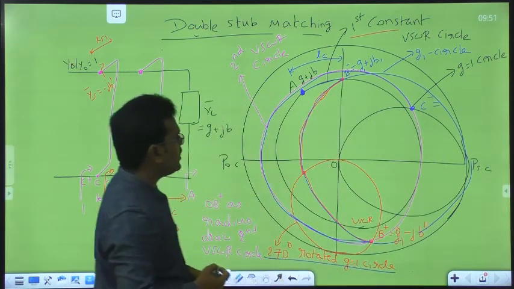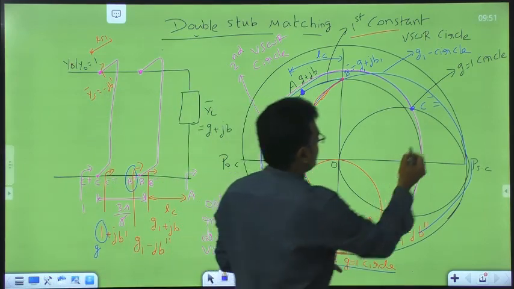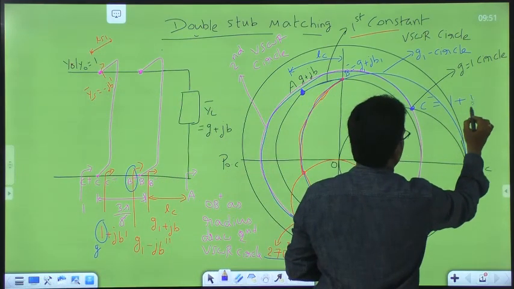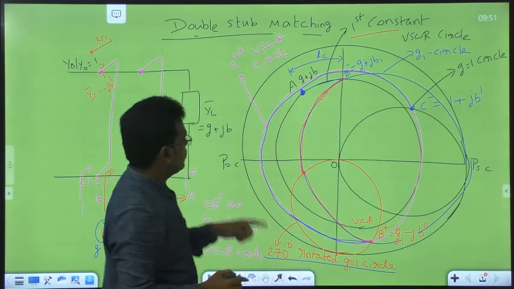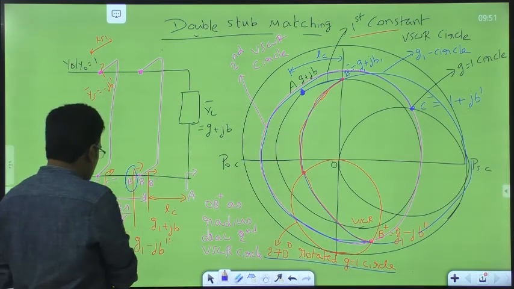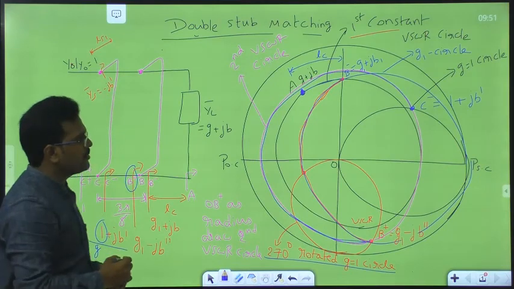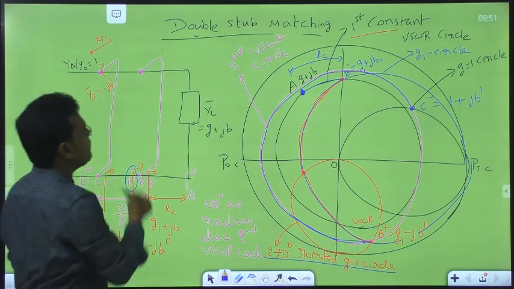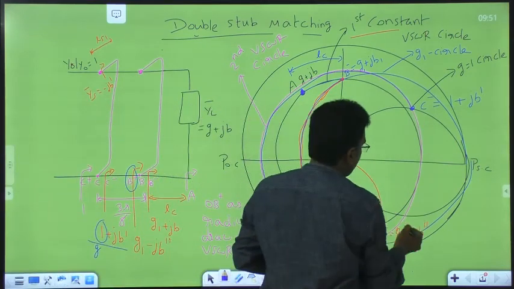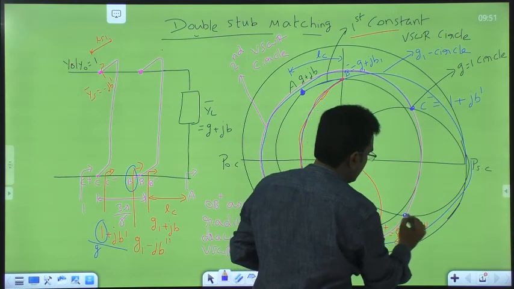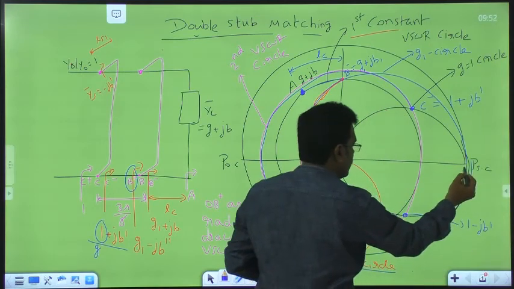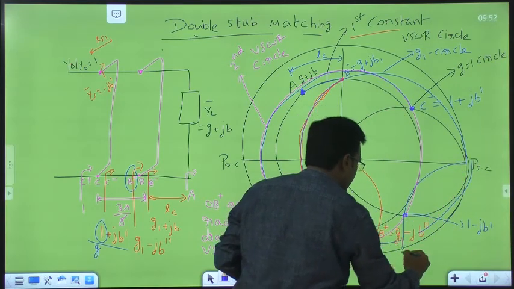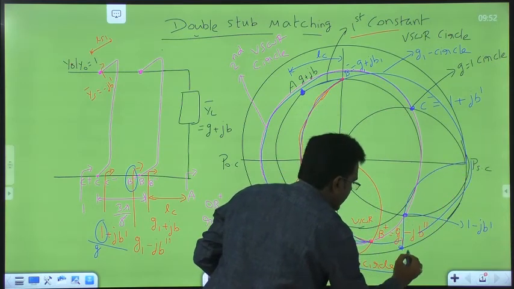At C minus, what is the admittance? Real value is 1, definitely, and imaginary, let us assume some jB dash. So at C minus, what value did we get? 1 plus jB dash. Now how to find the length of the step 1? For this, take the mirror image. This is 1 minus jB dash, and observe the B circle. So this is nothing but minus jB dash.